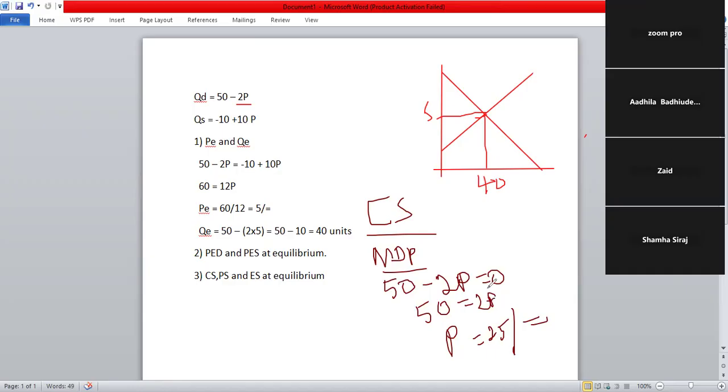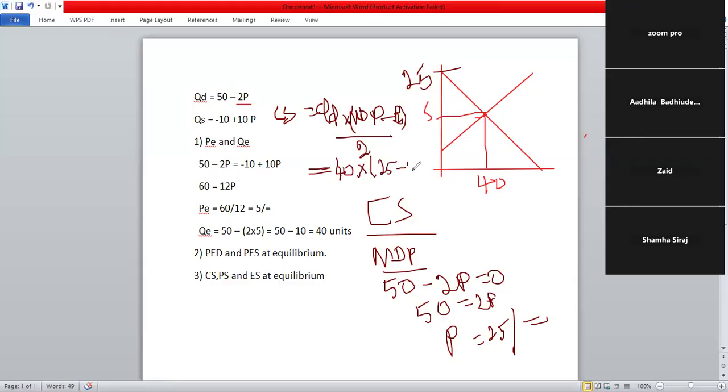Consumer surplus calculation, maximum demand price is 25. Then CS is QD into maximum demand price minus buyer's price over 2. So QD 40, maximum demand price 25 minus 5 over 2.